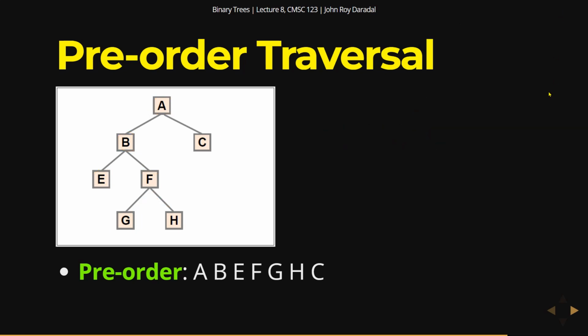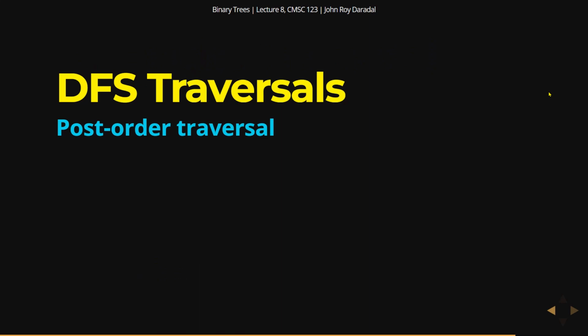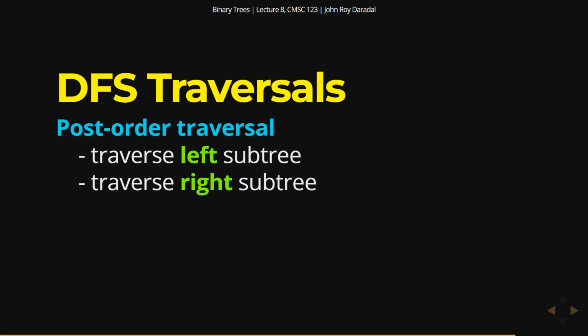Next one is post-order traversal. For post-order, you traverse the left subtree first, then the right subtree, and then you visit the root last. Even if you're already at the root node, you will not process it first.